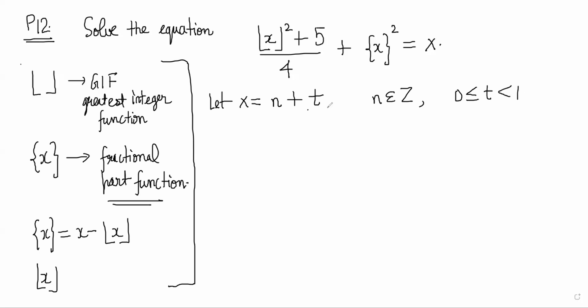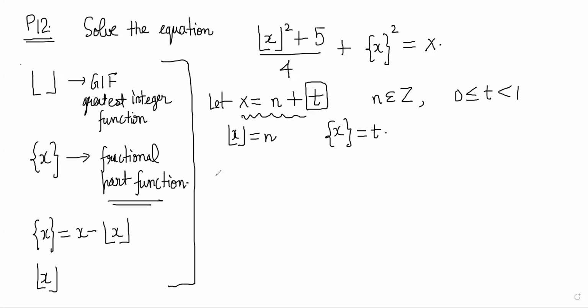Basically, t is the fractional part, right? Yes sir. This is going to be true for all x, it can always be written like this. So GIF of x will be n and the fractional part of x is basically t, right? Correct? Yes sir.